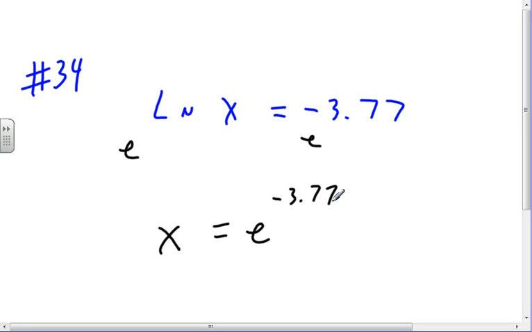Why didn't you just ask for that, author? I could have done that already when I had to explain squat. E to the minus 3.77, close parentheses, 0.0231. Yeah? Good enough? Okay. Seems reasonable.